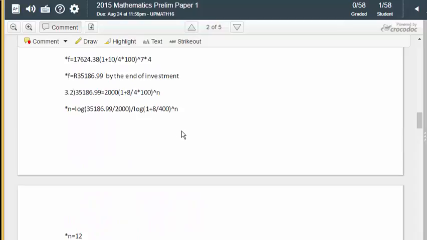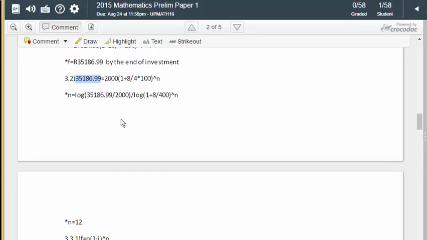Oh, wait a minute. Sorry, student 2, I looked at your wrong response. You did this. Well, it asked how long will 2,000 Rand last to treble. You somehow associated it with question 1, but that wasn't the question. But still, I would have given you some marks. You said N is 12 years, so obviously I don't know what you're doing here.